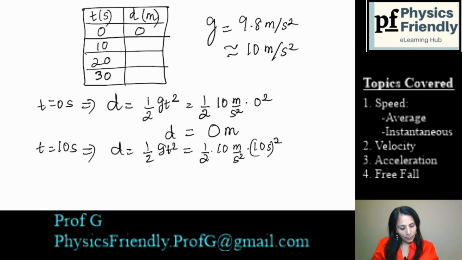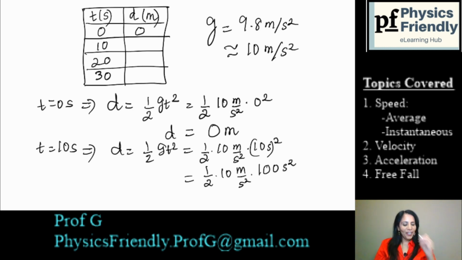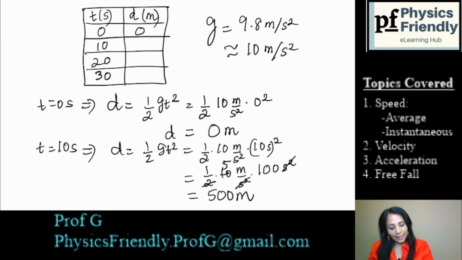So half times 10 meter per second square, look at this, 10 second square, so that would be 100 second square. Okay, so let's cancel second square in the denominator and numerator. So what do we have? Half of 10 is 5, so we are left with 500, and then I have meters here. So 500 meters for 10 seconds.